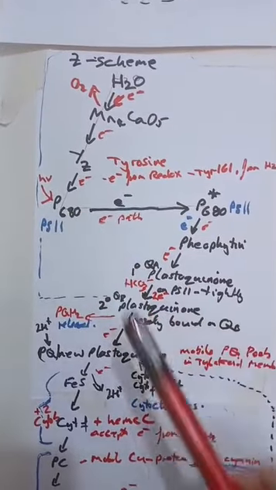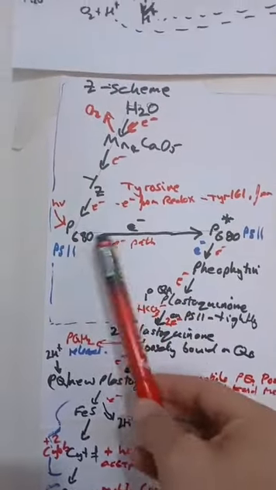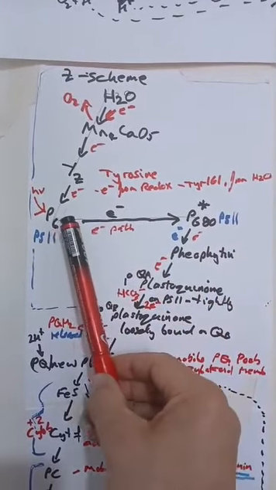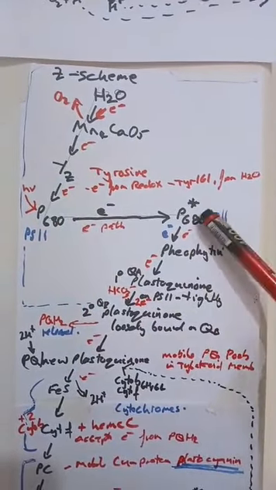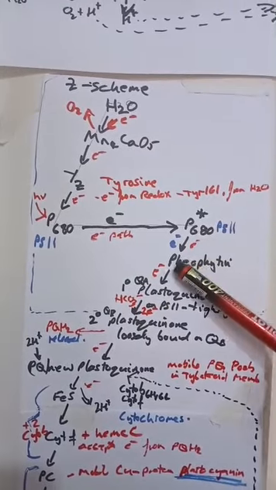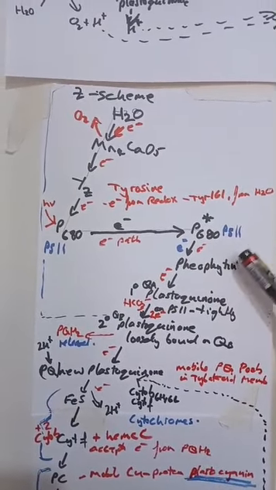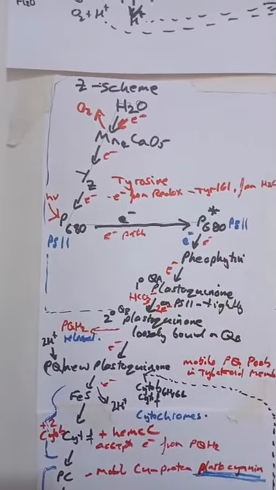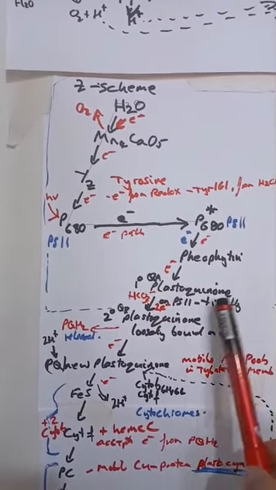Light activates this. An electron is then passed along. So the electron fills an electron hole in this, and it basically activates it. Then it gets passed to pheophytin, which is a pigment. Then it gets passed to plastoquinone, the primary one, which is tightly bound to photosystem 2.